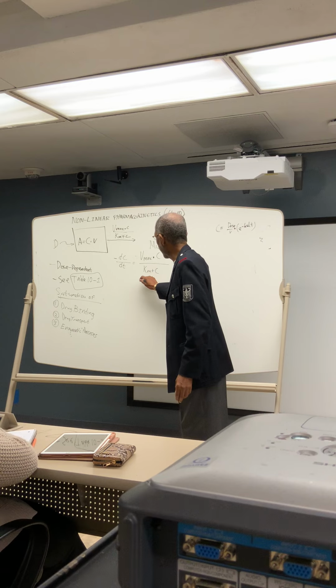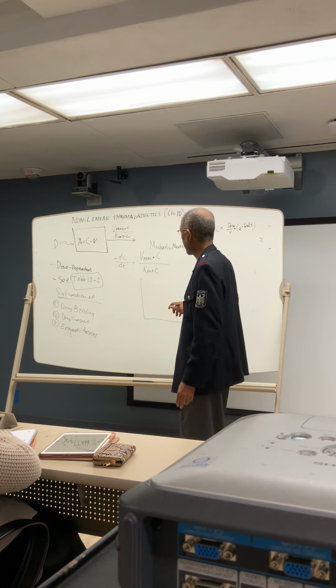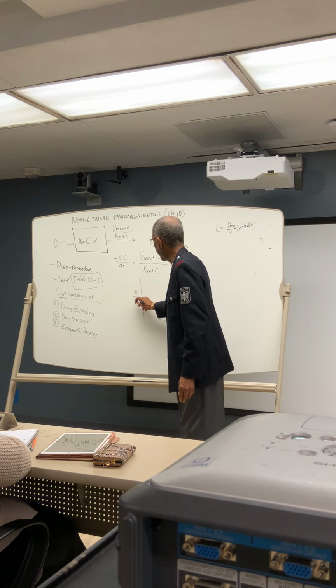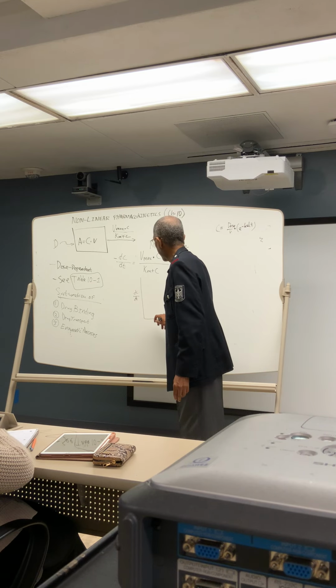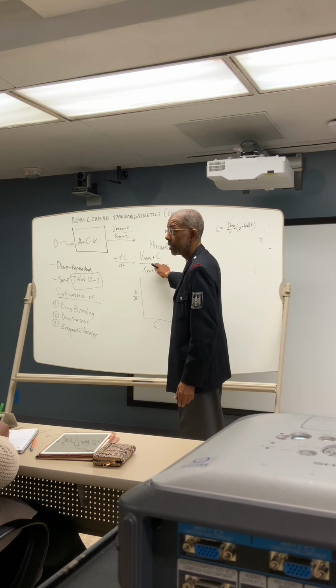So if we're talking about a drug that shows dose-dependent pharmacokinetics, you've seen this type of illustration before. If we look at the speed, delta C over delta T, the rate, versus concentration, this is a linear plot based on this equation right here.